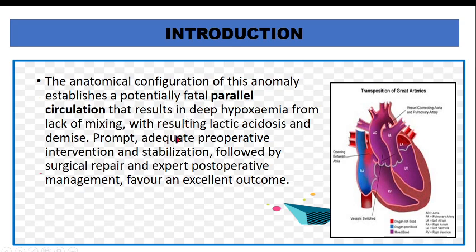This is the parallel circulation. Oxygenated blood is going back to the lungs for reoxygenation, which is of no use. Deoxygenated blood is going to all parts of the body, again, which is of no use. So none of the cells are getting the oxygenated blood supply, which has to be there.